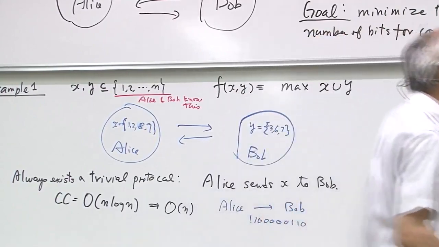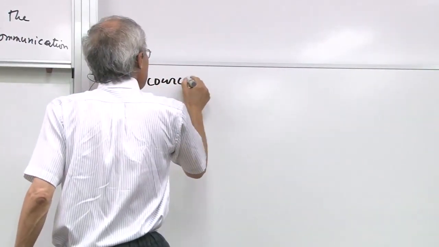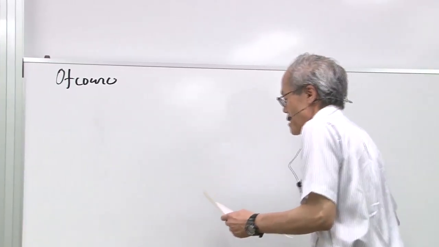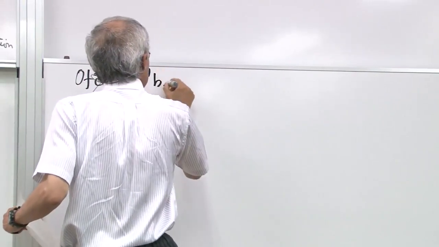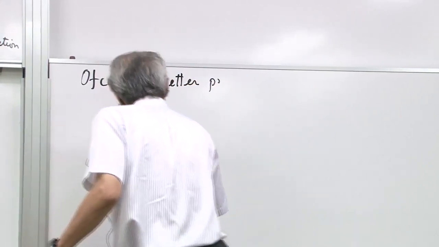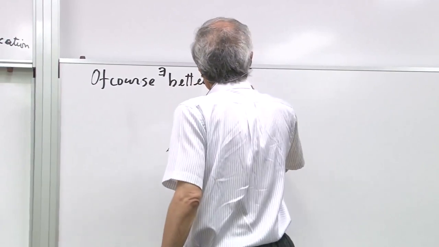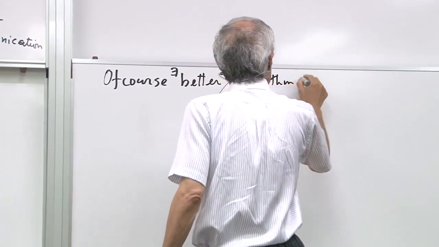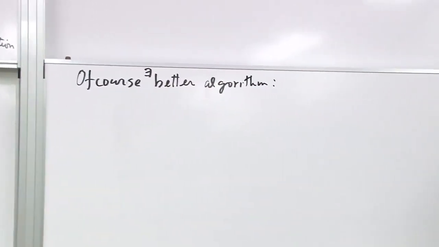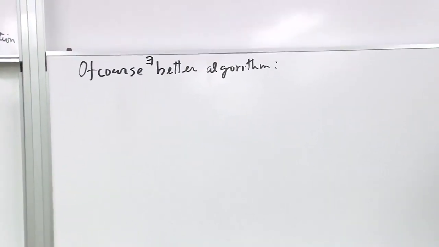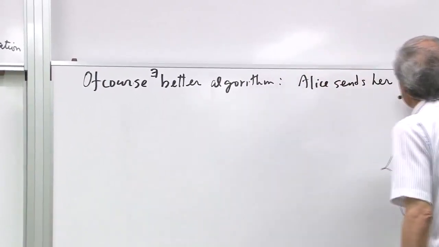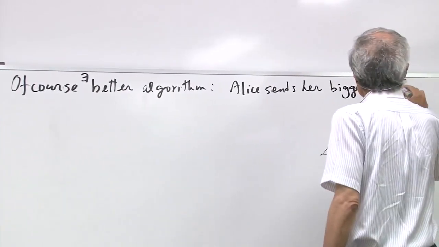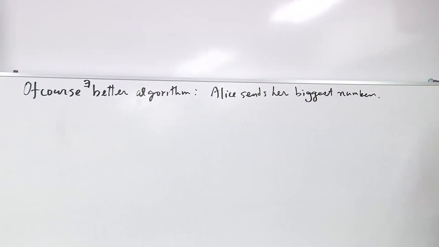Of course, we have a better algorithm. Alice just sends her biggest number.